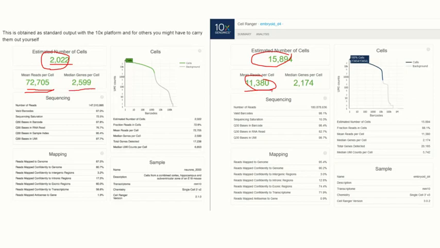We want to know the median genes per cell. So for cells, you count UMIs. If for a gene the UMI equals 0, then you don't think that the gene has been expressed in that cell. In order for that gene to be detected, the cell has to have a UMI greater than 0, okay, 1 or above.